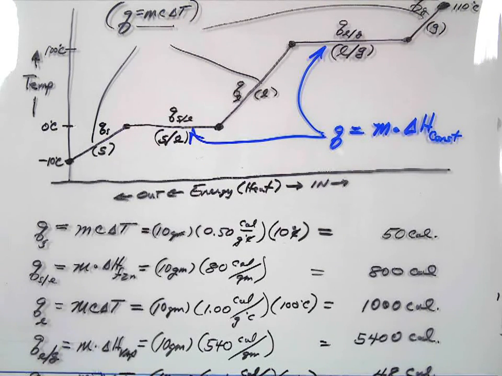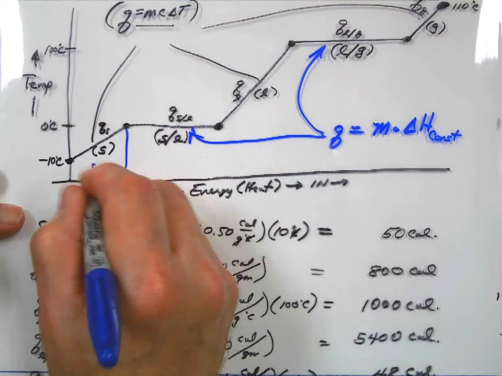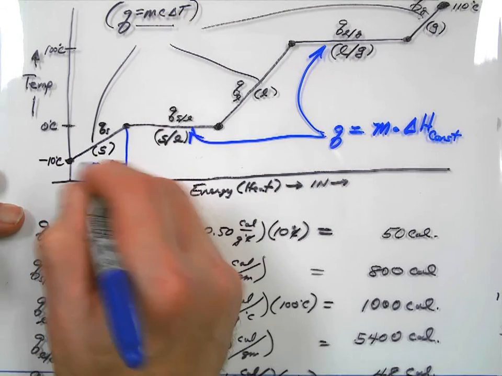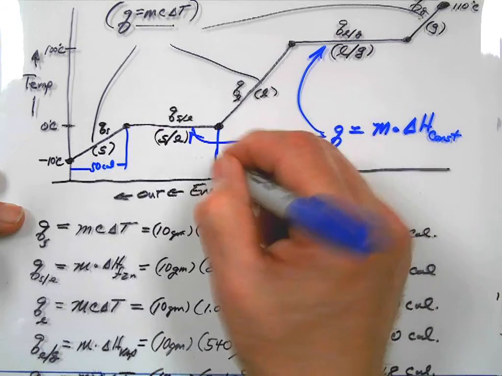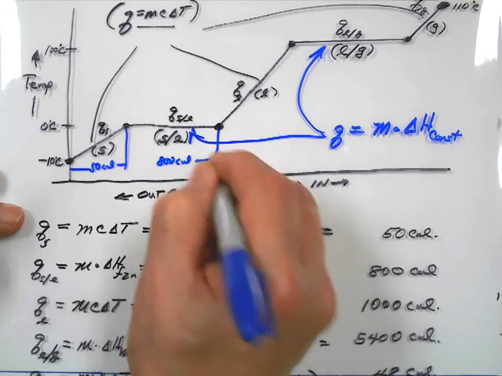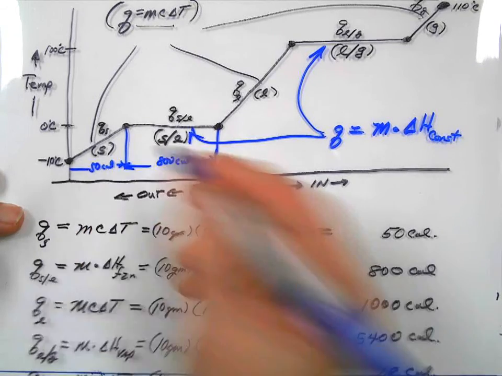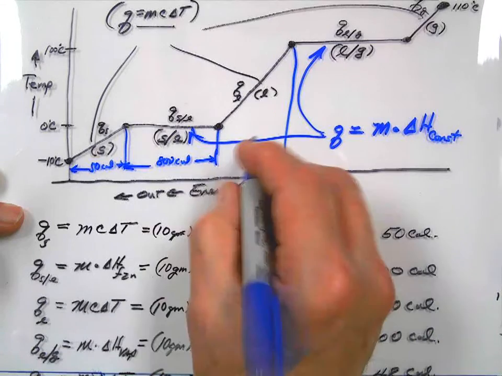So to emphasize this in a different context, this is 50 calories right there, and not drawn to scale, okay? And then it's 800 calories. And 1,000 calories.